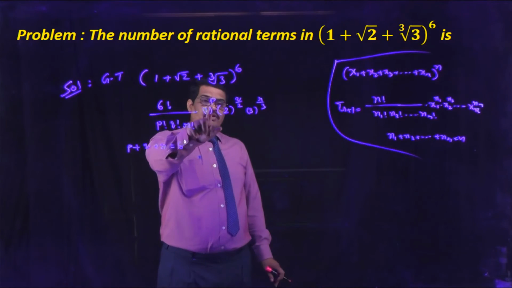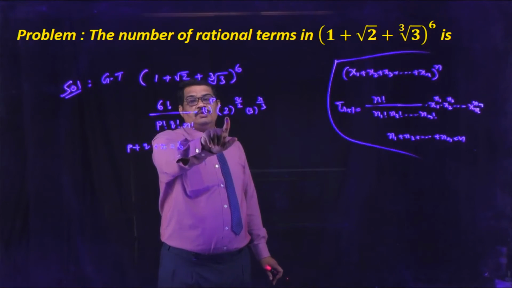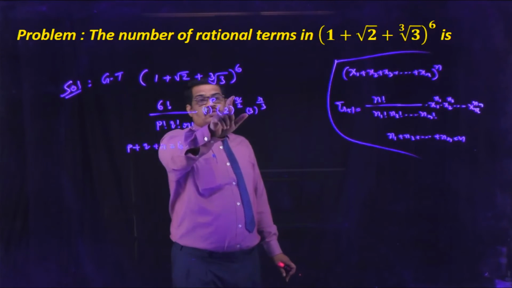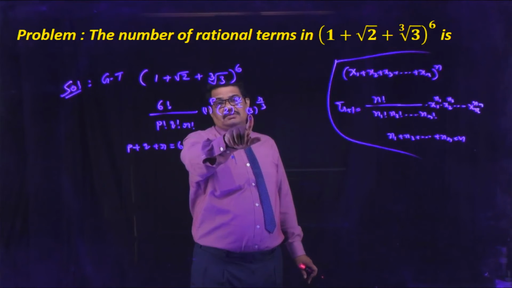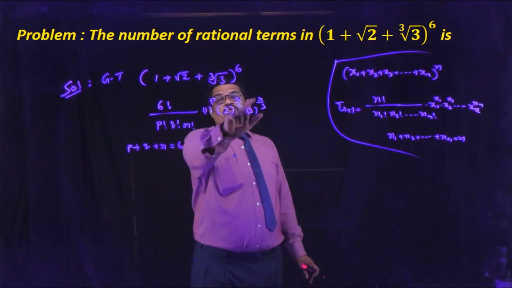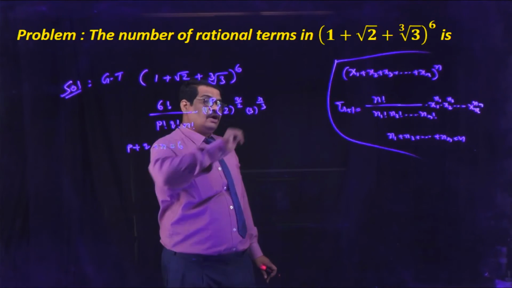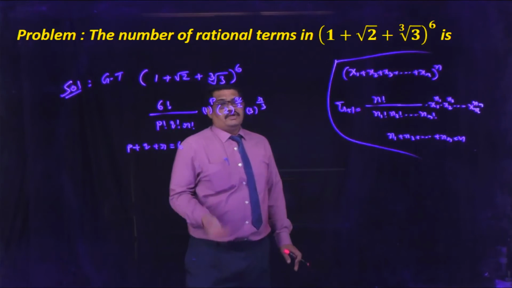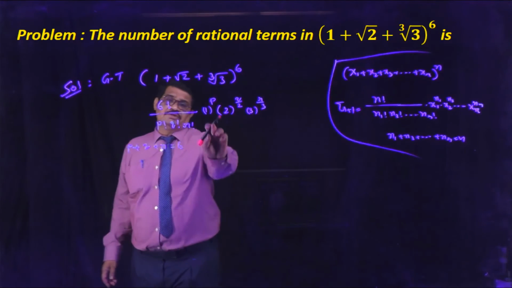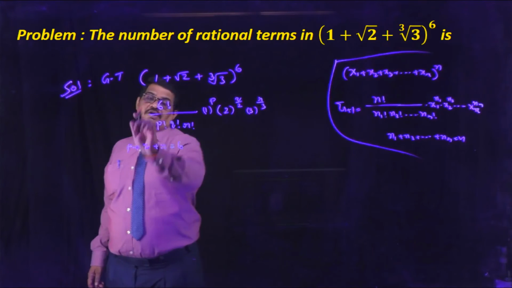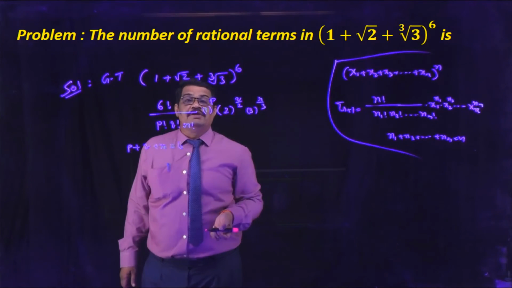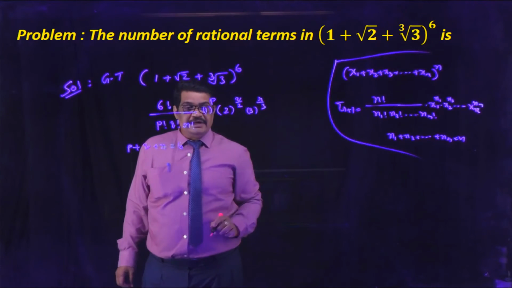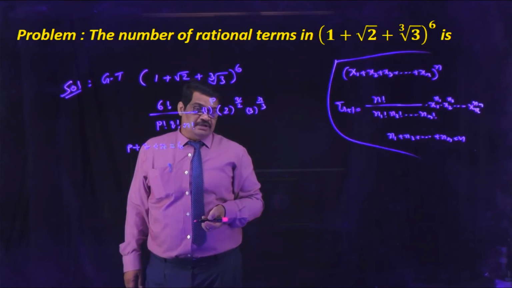So here 1 power p, 2 to the power of 1 by 2 whole power q, that is q by 2, and 3 to the power of 1 by 3 whole power r, that is r by 3. Now this term is an integral term when the powers must be integers.